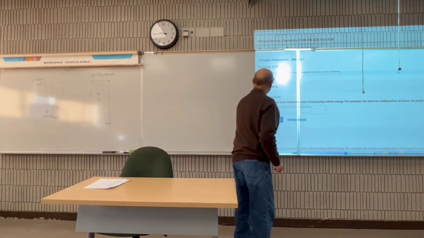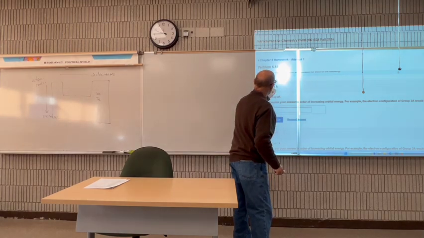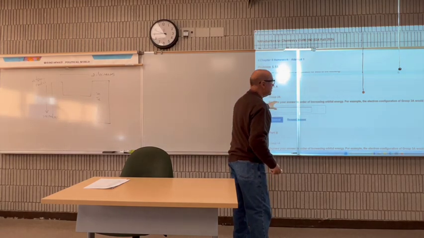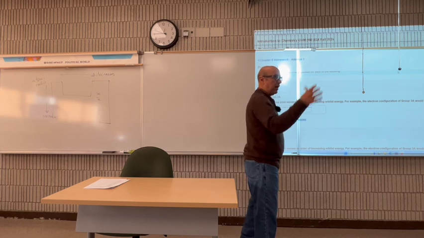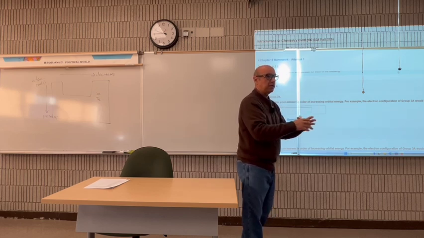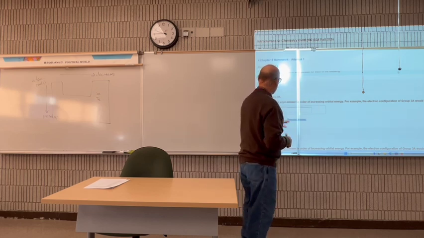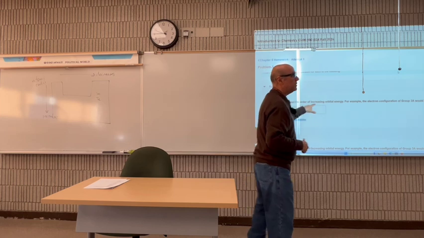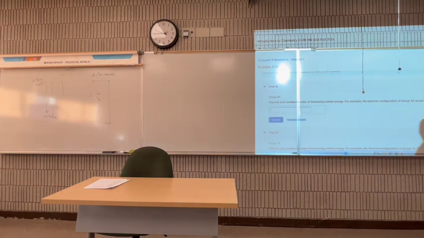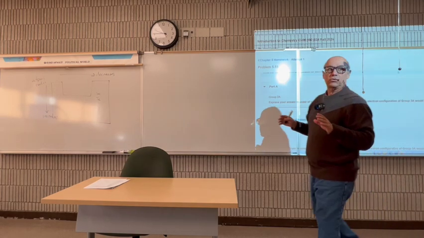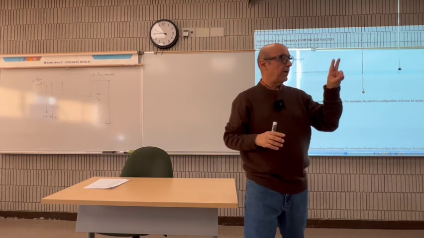So the electron configuration of the valence shell, right? Only the outermost, not the internal ones. And for that, they give you group 2A. So if we go to group 2A, right here, we know from the get-go that it's going to have a tendency to lose 2 electrons, right?